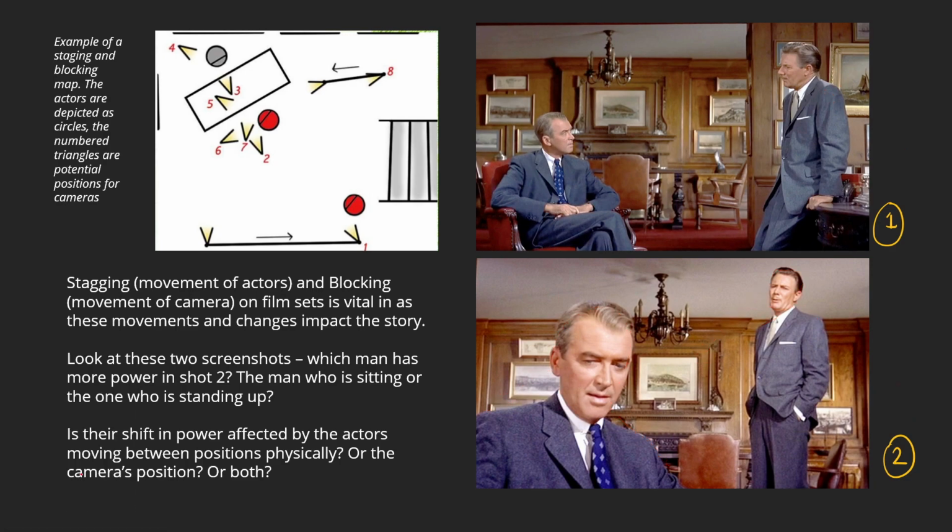Now, yes, in both these shots, this guy is in power because he's standing up and looking down at him, correct? But by repositioning the camera, instead of shooting just here like that, they decide to move this guy behind him.